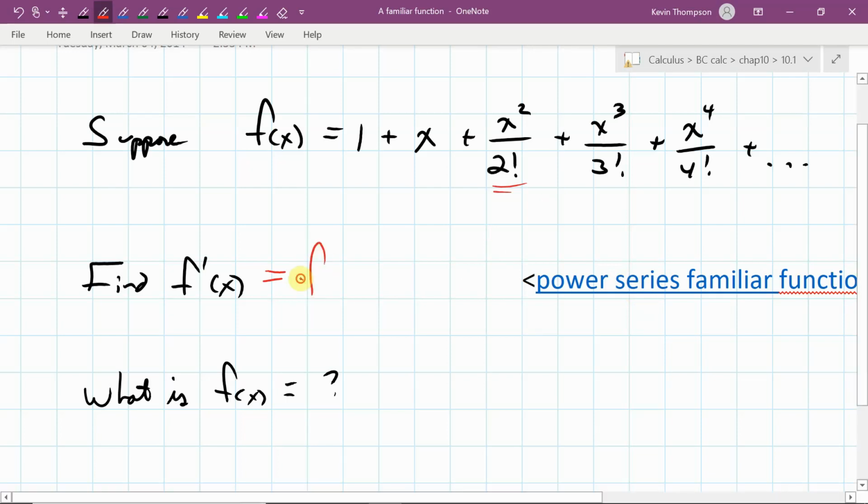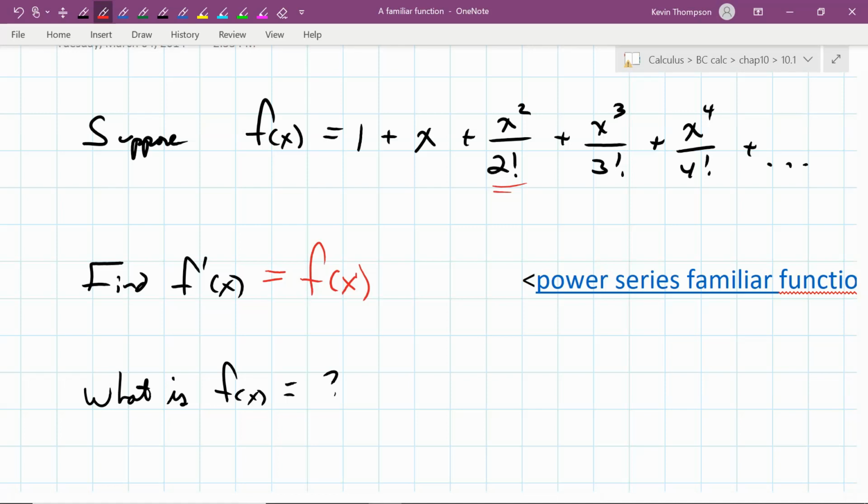Henry says it's this. Henry, how do you see that? Explain. Threes cancel. Yep. 2 factorial. Do you see it?